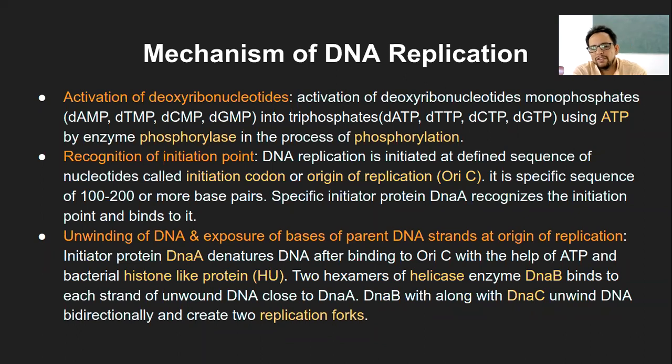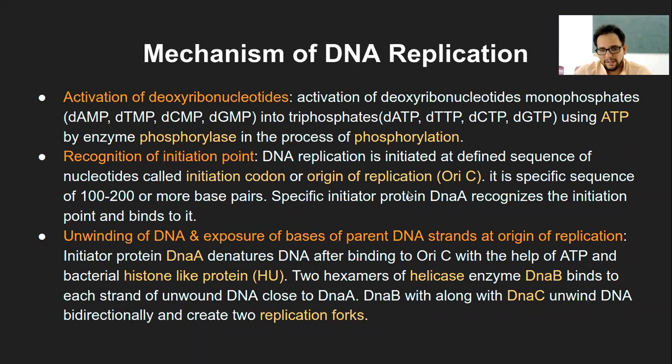And before every gene, most of the initiation points will have a kind of common sequence, but not so common that they are the same for all the genes. They have subtle differences amongst the nucleotides of those initiation point sequences, and that is when this DNA A molecule, which is the initiator protein of the replication process, will go and bind to that specific sequence.